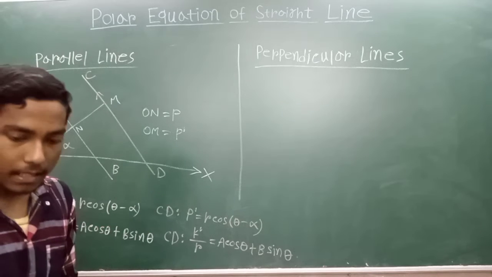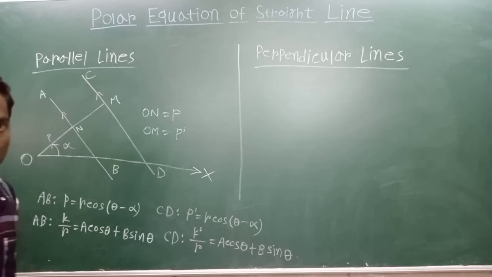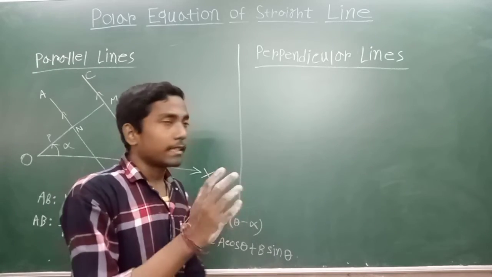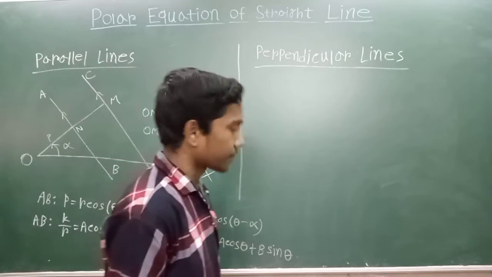But in case of perpendicular straight lines, we need to change both the distance and also the angle, and we change the angle by a difference of pi/2. Okay, so I am drawing the diagram here.